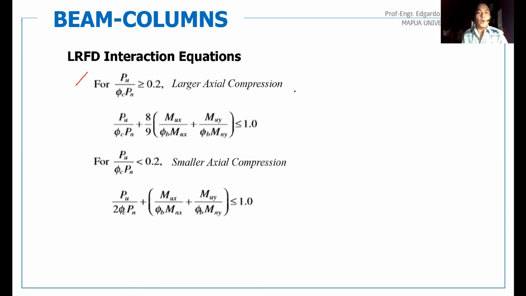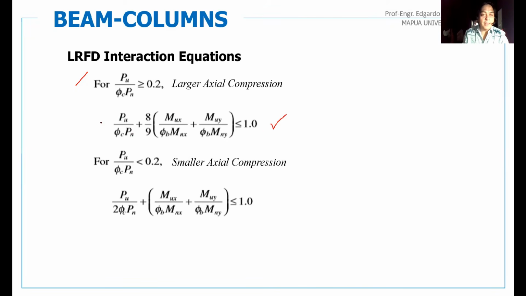Since it experiences larger axial compression, this is the interaction equation that we need to satisfy: Pu over phi Pn, plus 8 over 9 of Mux over phi Mnx plus Muy over phi Mny, should be less than or equal to 1 for adequacy.